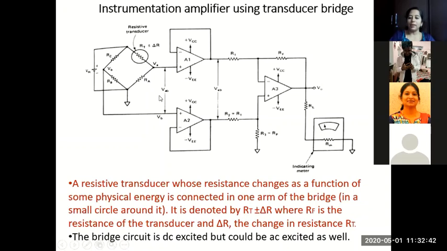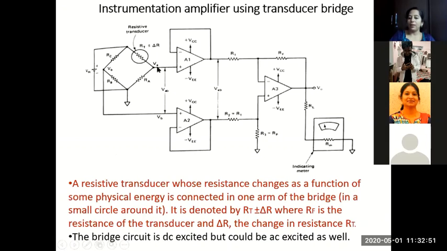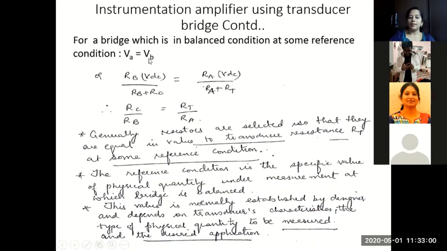Whenever the Wheatstone's bridge is in balance, output from the bridge is zero. We know that. In balance condition, output from one point, VA, will be equal to the output voltage from the other point. In the sense, VA minus VB will be zero. If I say VA is equal to VB, which means VA minus VB, or VAB, is zero. The bridge is in balance condition, and that balance condition is chosen at some reference temperature.